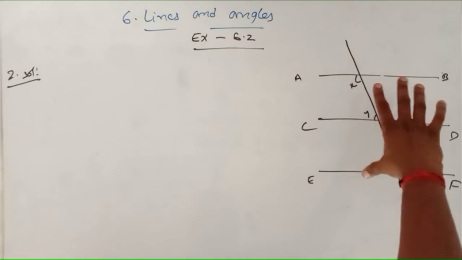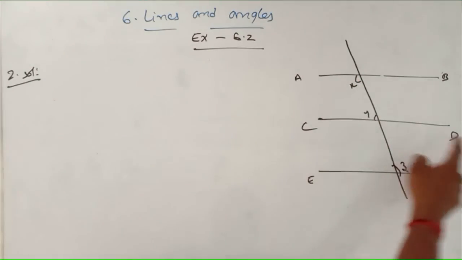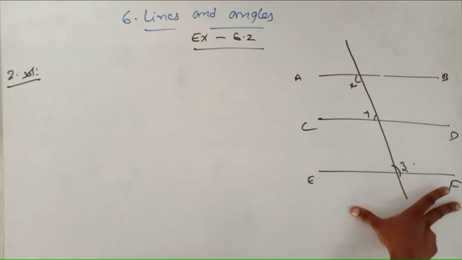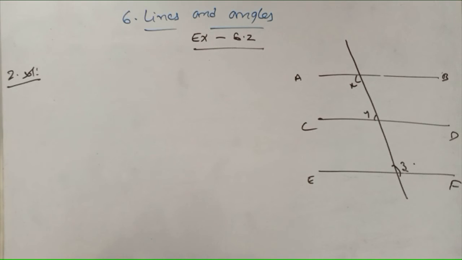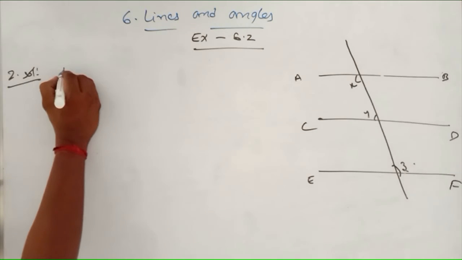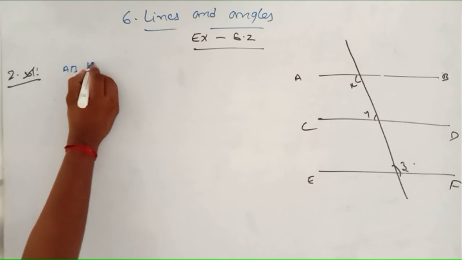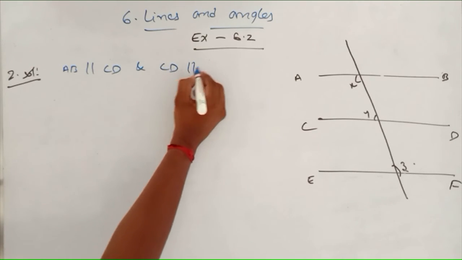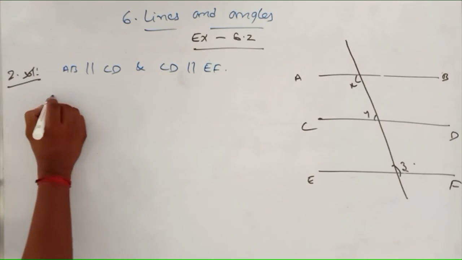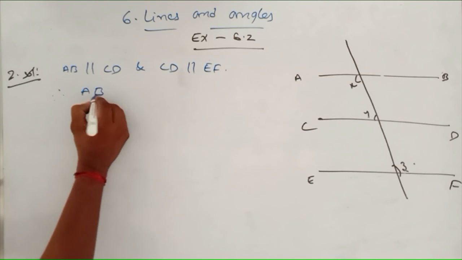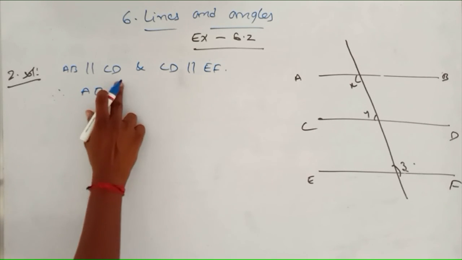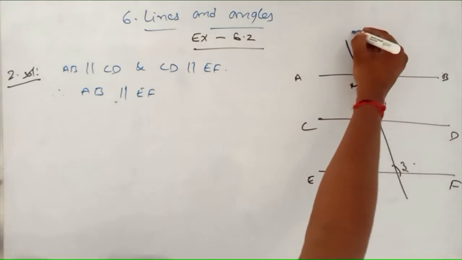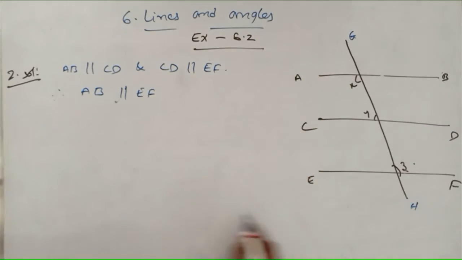So clearly AB is parallel to CD and CD is parallel to EF. Then automatically AB is parallel to EF also. Now I am proving this. Given AB is parallel to CD and CD is parallel to EF, therefore AB is parallel to EF, and I am taking GH as a transversal.